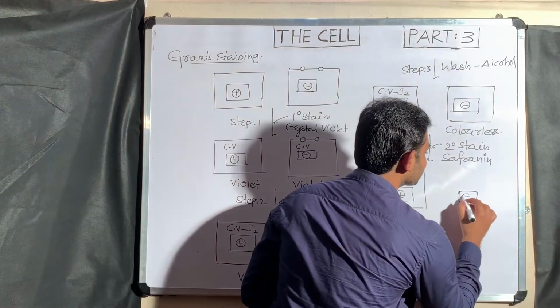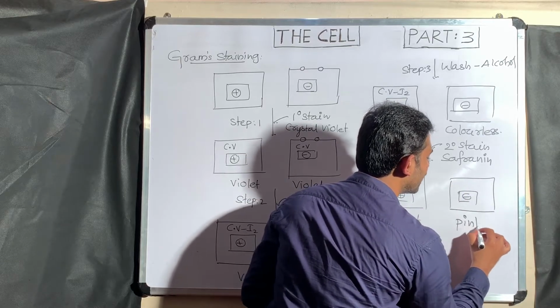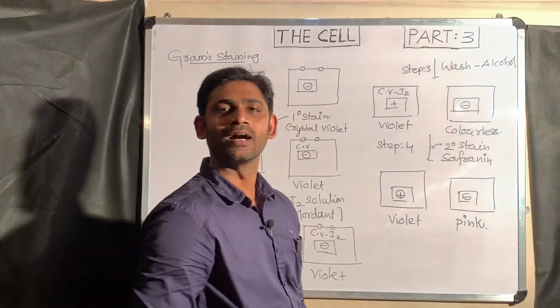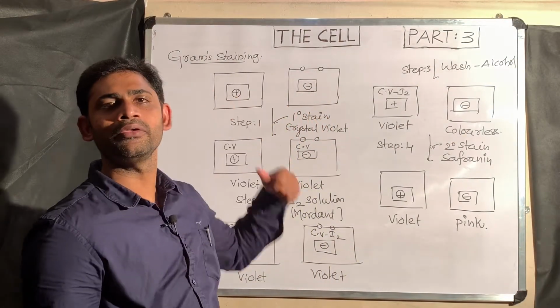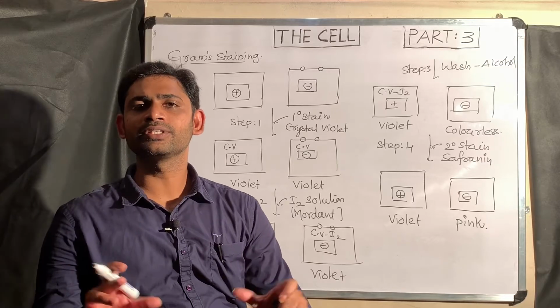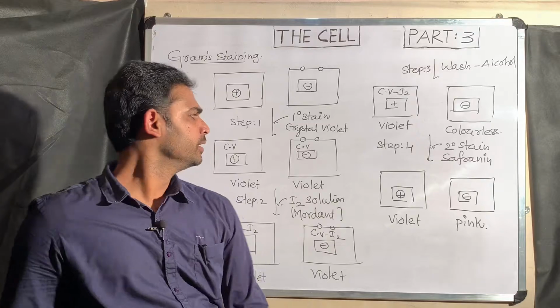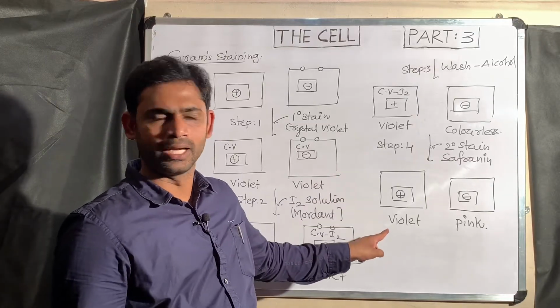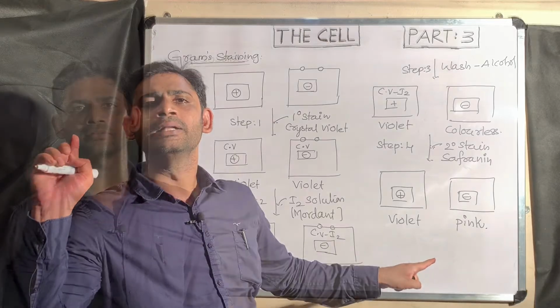When it takes the safranin, the gram-negative bacteria appear in the pink color. That is why I said this gram staining is used for differentiation of gram-positive and gram-negative bacteria. At the end, gram-positive bacteria appear in the violet color, and gram-negative bacteria appear in the pink color.